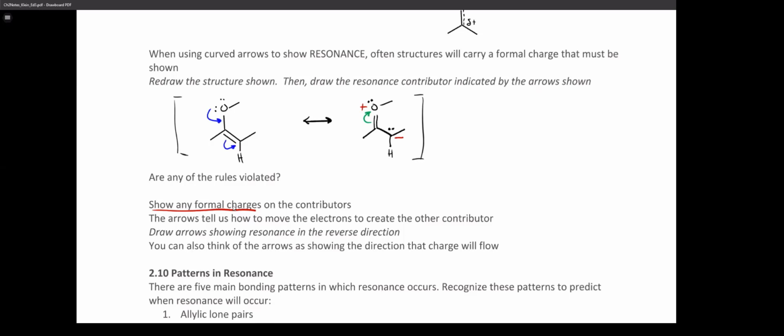And what else needs to happen? You get back the other electrons. Yeah, those electrons go back to being a pi bond. Good.